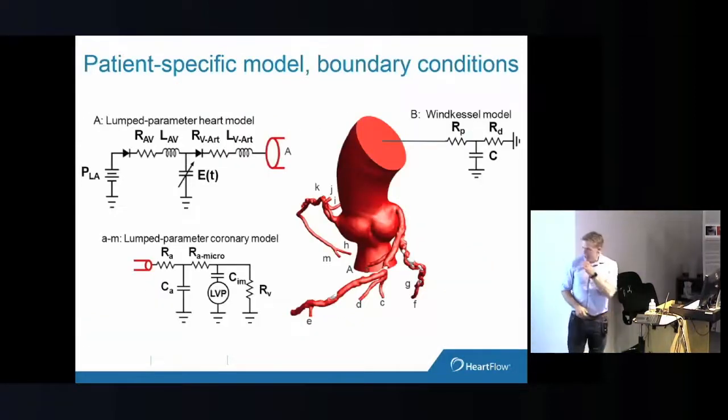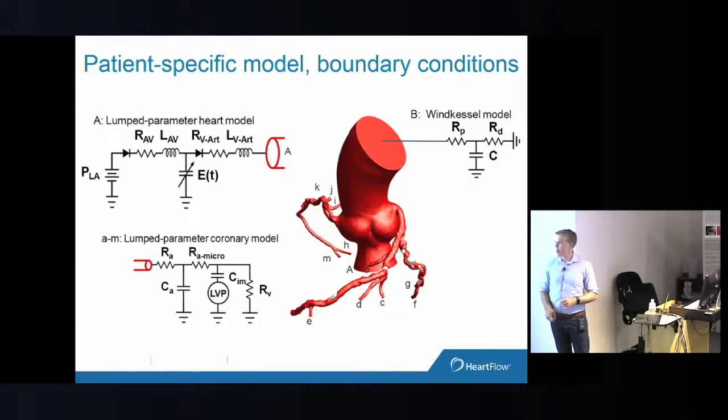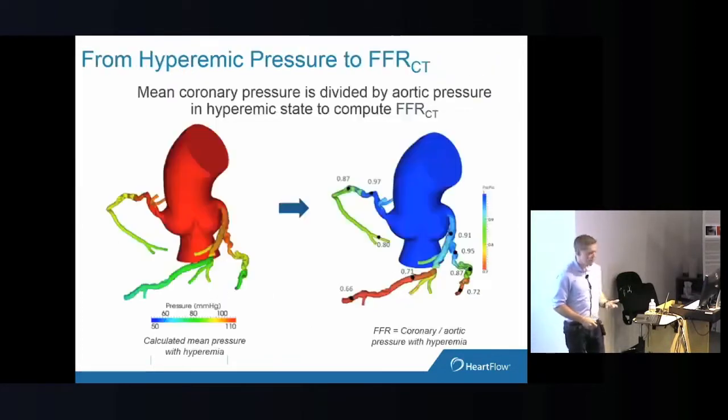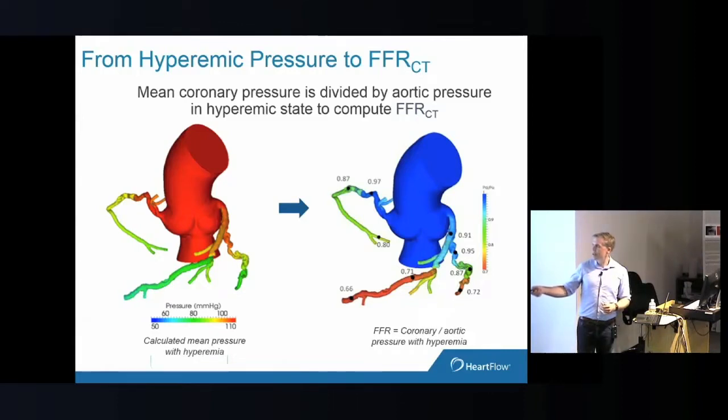So what that means is that all these outlets have these lumped parameter coronary resistances at the end, and then we use sort of a standard pressure model, Windkessel model, for the aorta, and then just solve Navier-Stokes inside the 3D domain. That allows us to calculate a pressure everywhere, and then we normalize the pressure in the vessels by the pressure in the aorta, to give us the FFR values everywhere.